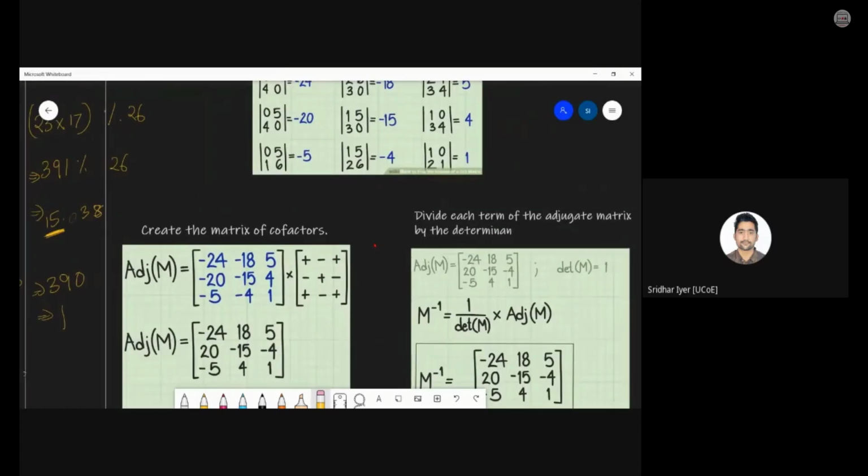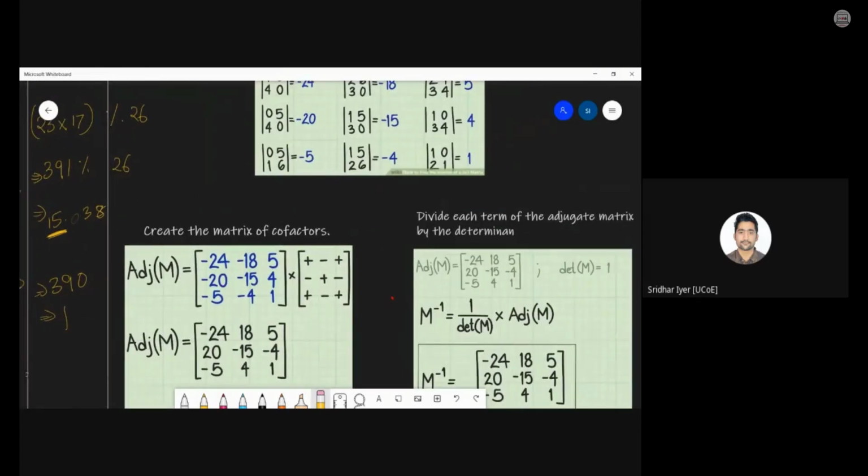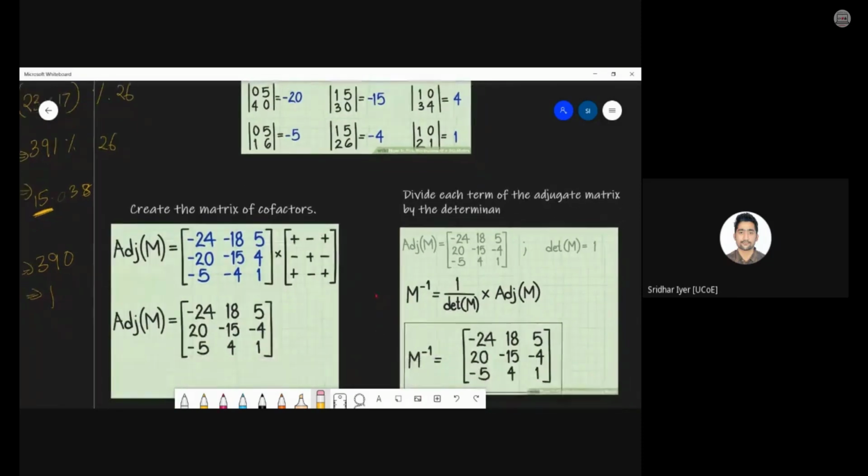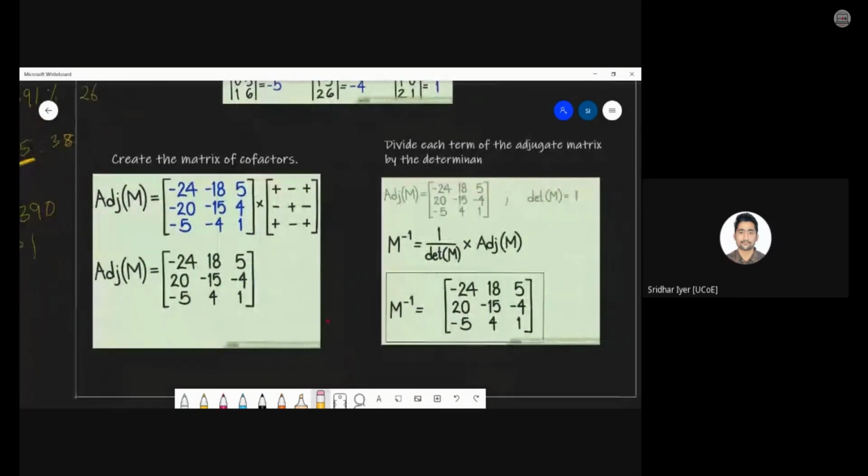Once you get the matrix of cofactors, that is what we call the adjugate, or in simple terms, people call it adjoint also. No worries, you can use it interchangeably in this context. So we create the matrix of cofactors, and at the end you get the adjugate of M. In the same fashion, you have to calculate the adjugate of K. That is what we want at the end, and the formula is in front of you.